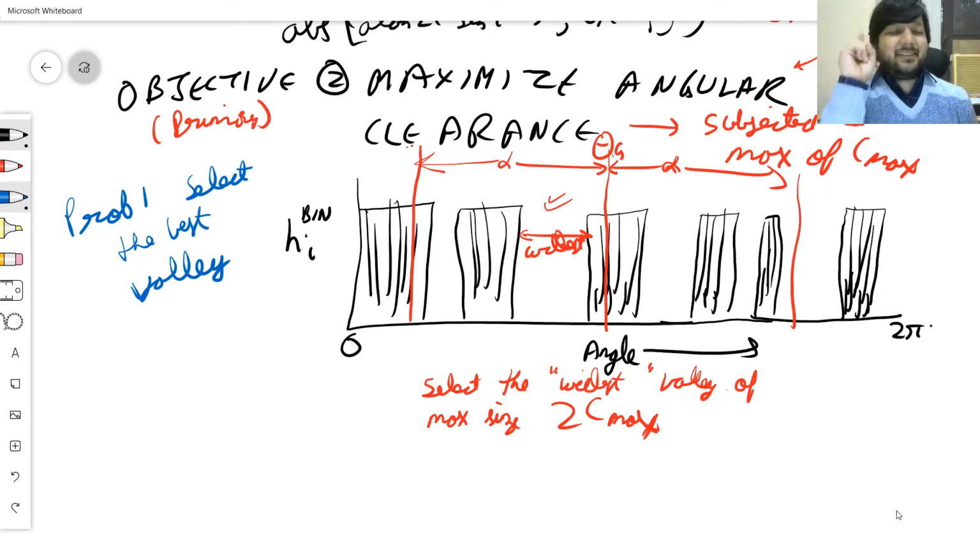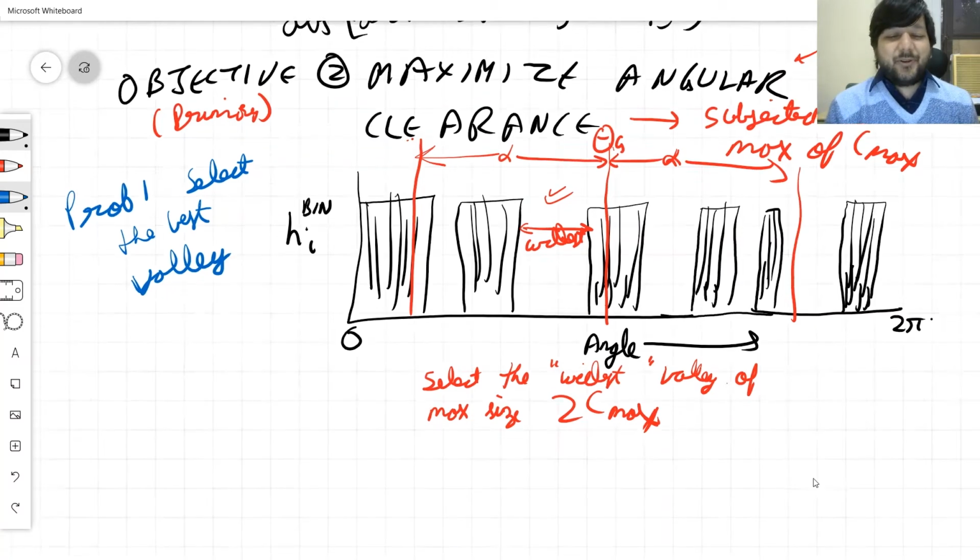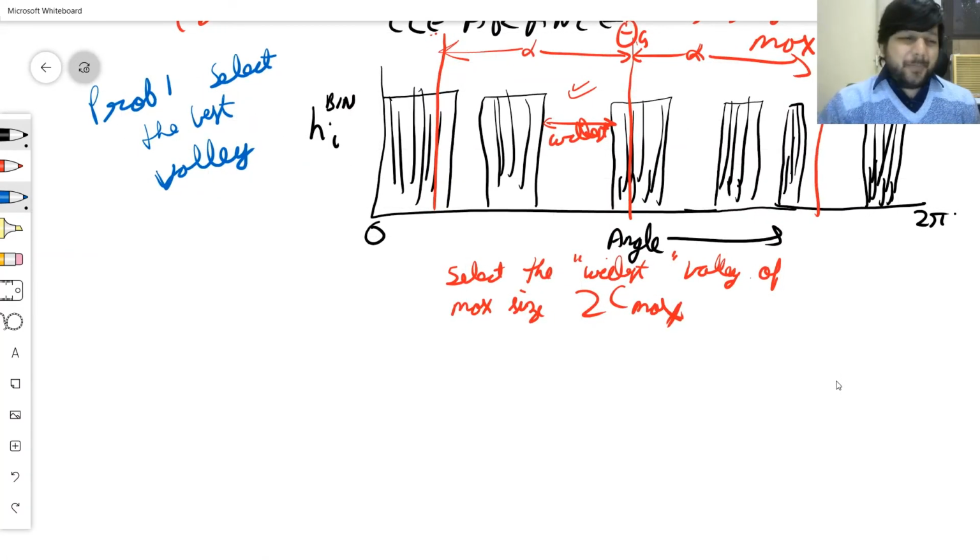Then I said angular clearance is my primary criterion. Out of all the valley candidates which qualify my angular deviation of alpha, I'll select the widest one, and if there's a tiebreaker, then I'll apply the primary criterion. And my tiebreaker was whenever a valley has more than 2 Cmax distance or angular clearance, then my tiebreaker gets invoked.